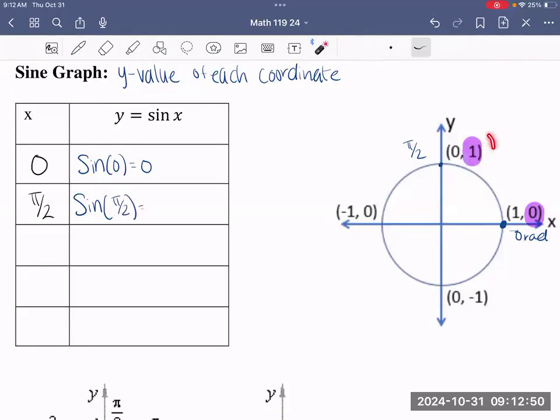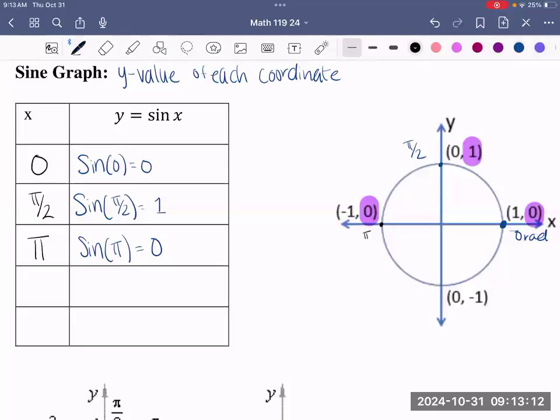Well, your y coordinate that comes out is going to be 1. And if we keep traveling around the unit circle, the next one we might want to look at is pi. So we can do sine of pi is equal to, and again, looking at your y coordinate here, is equal to 0.